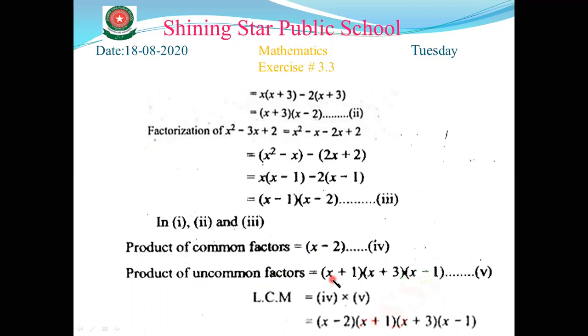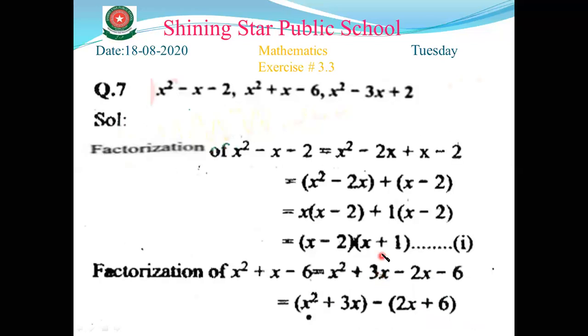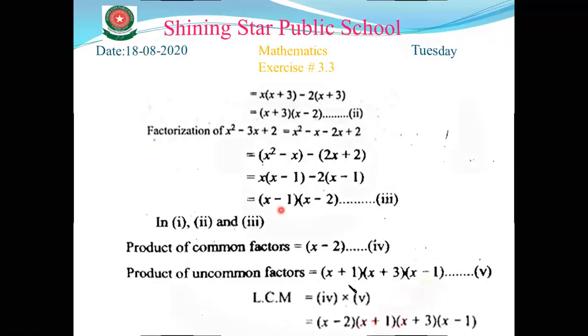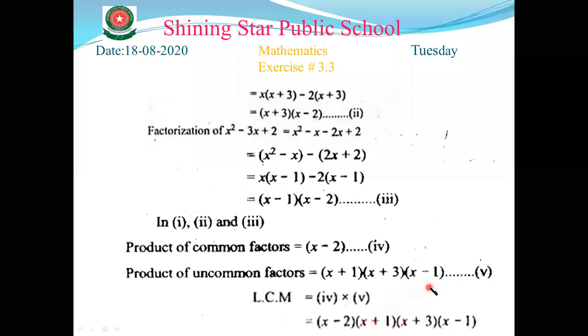And the uncommon factor here is x minus 1, here is x plus 3, and here is x plus 1. So we multiply x plus 1, x plus 3, x minus 1. When we find the LCM, we multiply the common factor with the uncommon factors. So you will get x minus 2, x plus 1, x plus 3, x minus 1. All these together are the LCM.